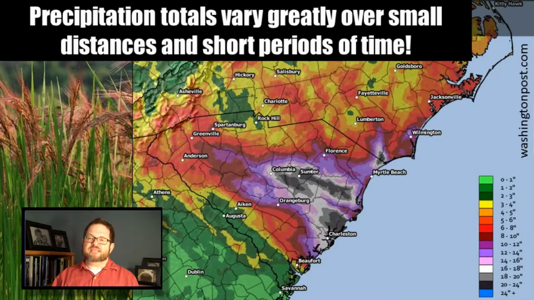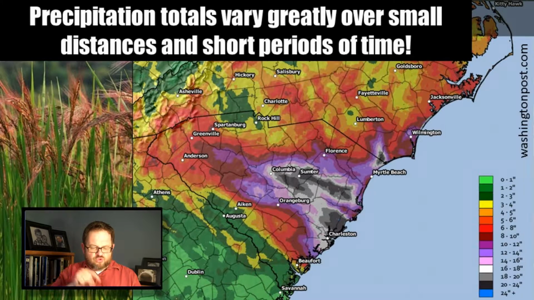Part of the story is that they're so variable in space. For example, let's look at precipitation totals. Here are the precipitation totals from some storm system, I can't even remember which, that came ashore in South Carolina. Look how much these rainfall totals vary. Even over very small distances, you can have a factor of 2 in differences in precipitation.